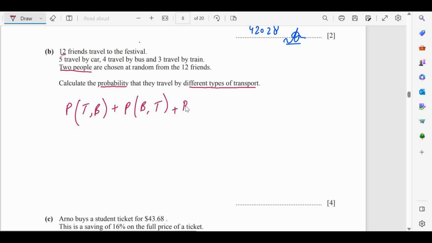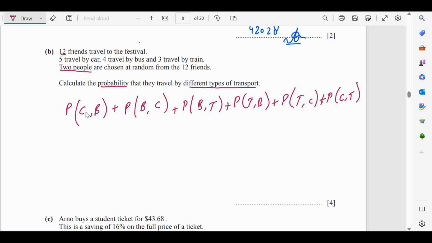Let's do it with the proper sequence: car and bus, plus bus and car, plus bus and train, plus train and bus, plus the other combination, train and car, plus probability of car and train.